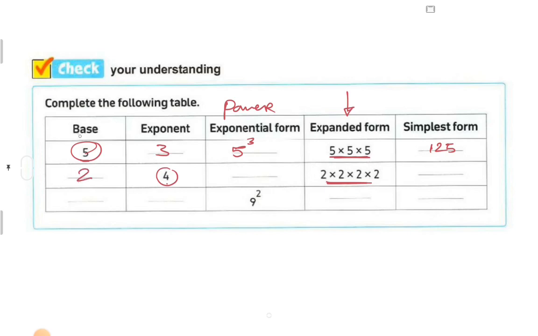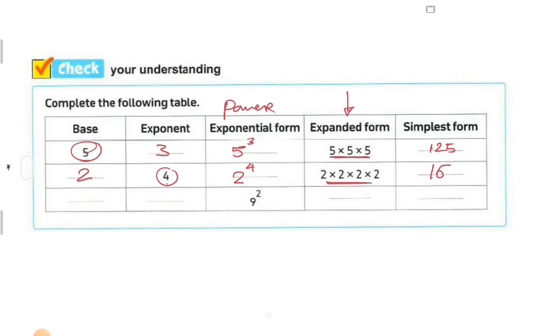So we multiplied 2 by itself 4 times. The exponential form is 2 power 4.